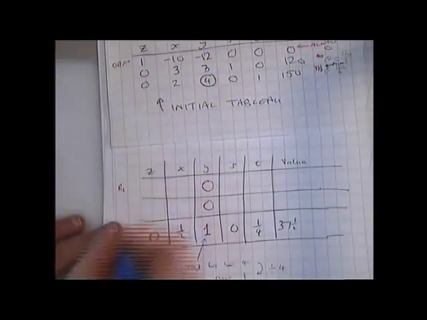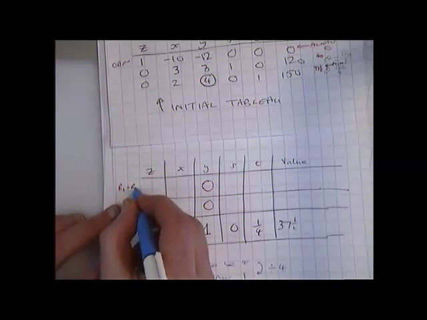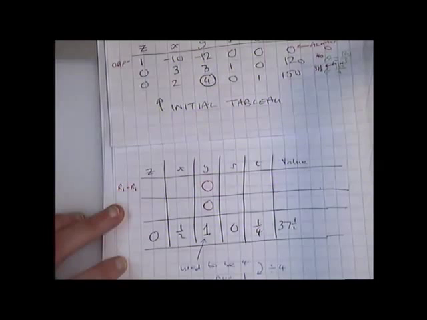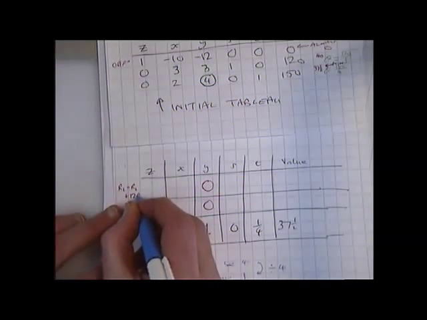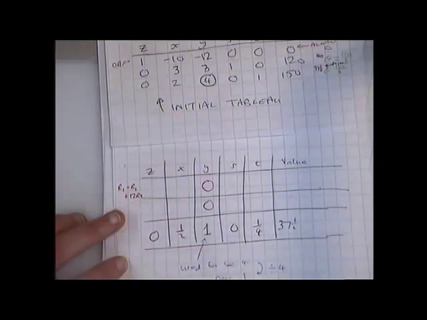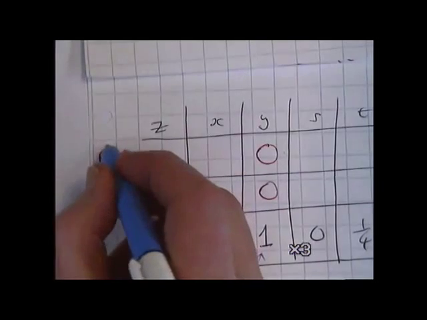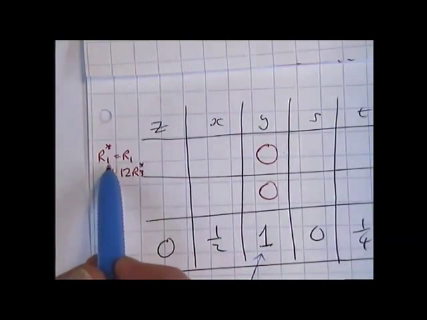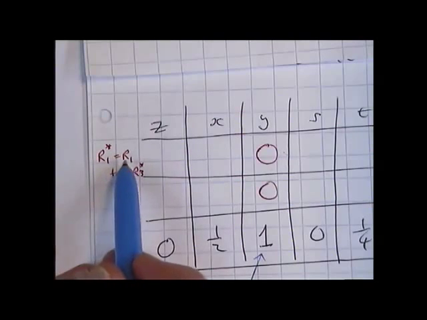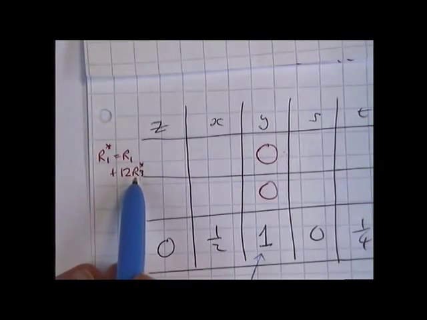Row 1 in this table is going to be the old row 1 plus 12 of our new row 3s. And what I'm going to do is star the new ones. So my new row 1 is my old row 1 plus 12 of my new row 3s.